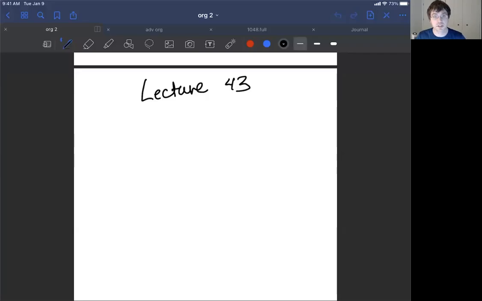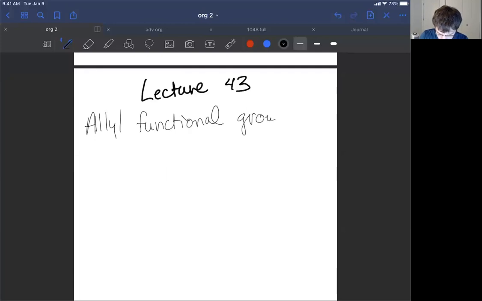Hello, in this lecture, we're going to start talking about a new functional group, just ever so briefly, as it kind of veers us into the next major topic in the course, which is resonance. So that functional group is called the allyl functional group. It's actually kind of awkward to call it a group.